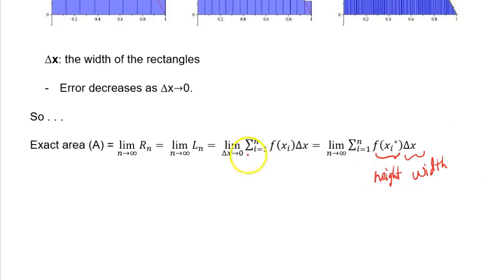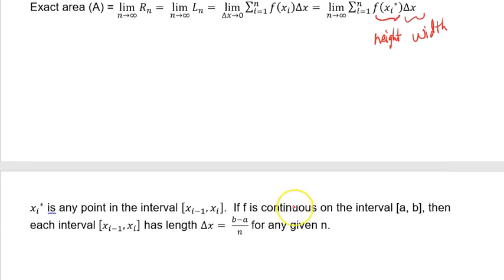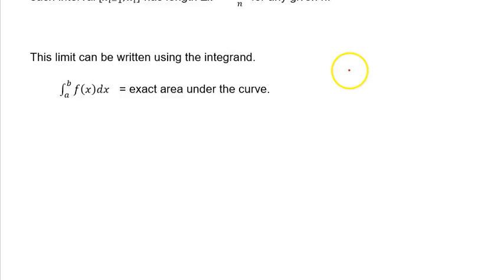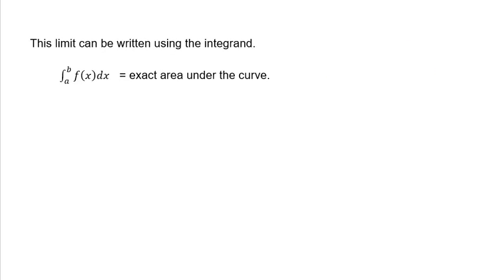And finally, although you may see these, we are going into the integral, and I put a little note here about what that x sub i is, and I'm not going to focus on that right now. The limit we were talking about before, any one of those, can be written as the integral, which is what we're moving into.